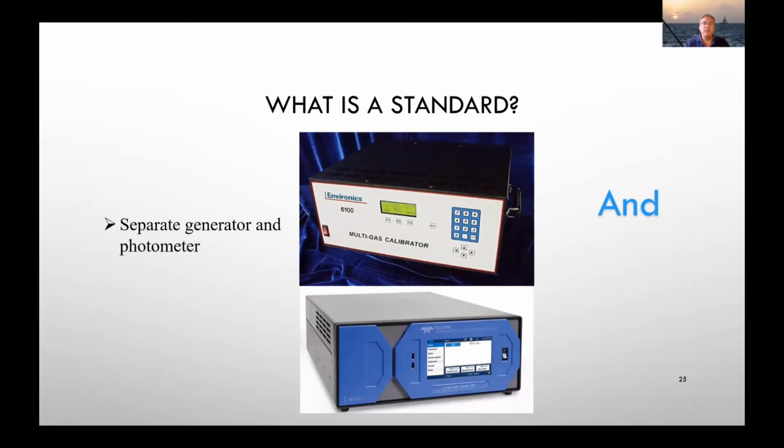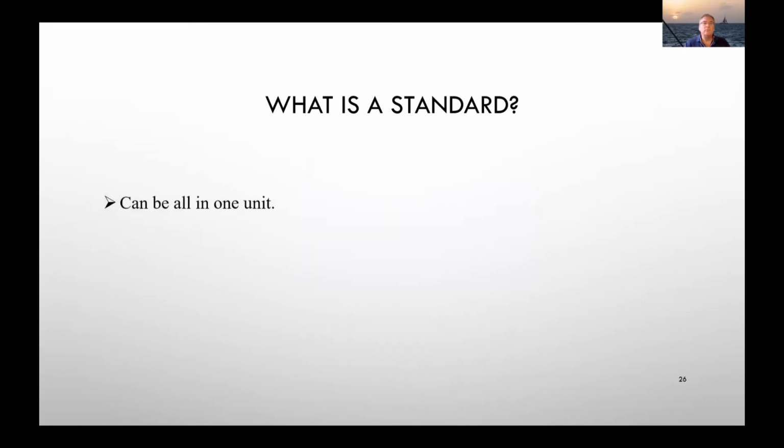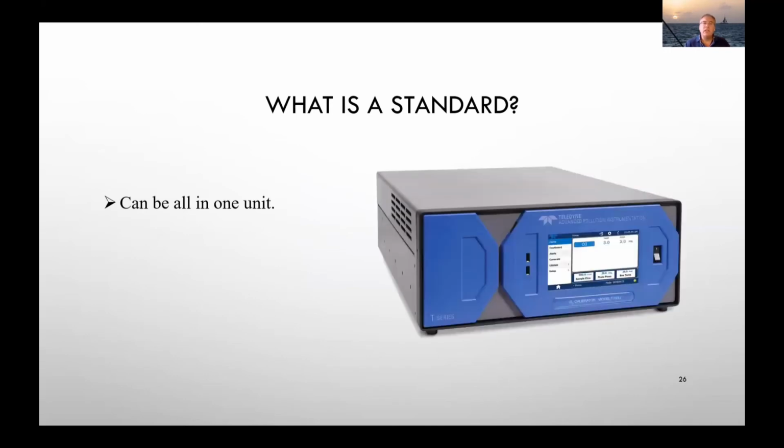Together, it can be a level 2 or level 3 standard. Your standard can also be all in one unit. An example of that is this Teledyne T700U. It has a photometer and an ozone generator all in one.